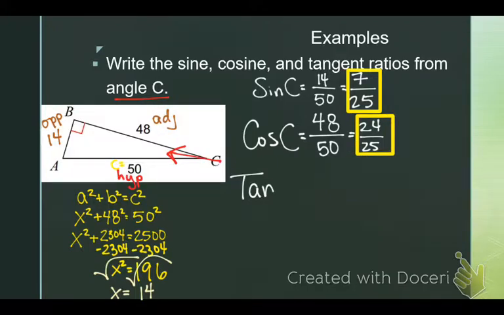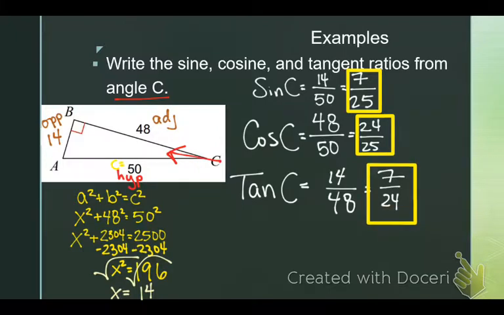And then last, tangent from C would be opposite over the adjacent, which reduces to 7 over 24.